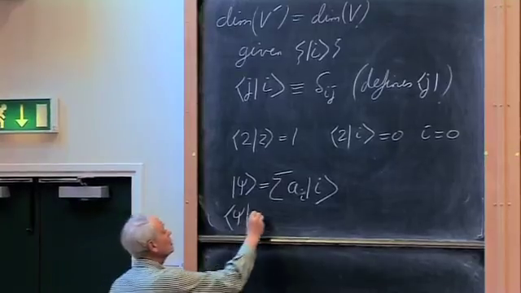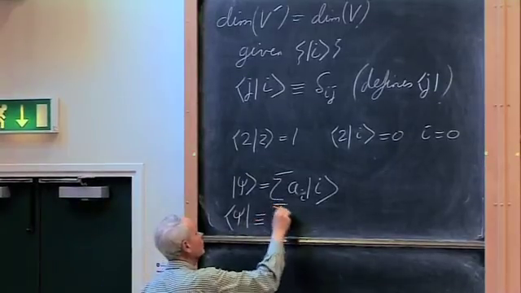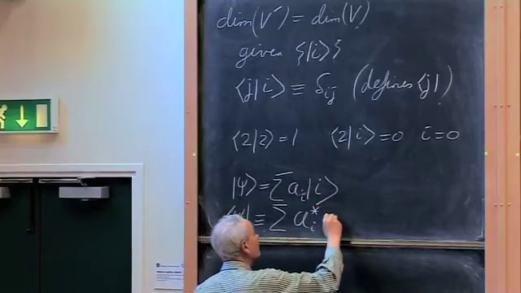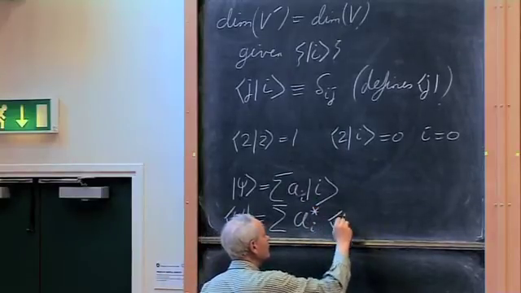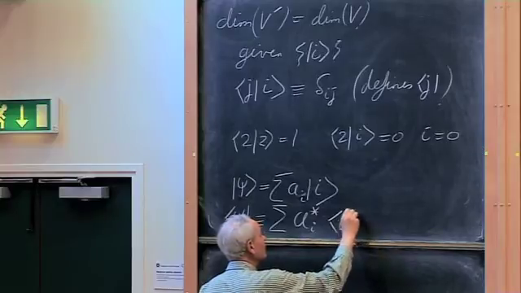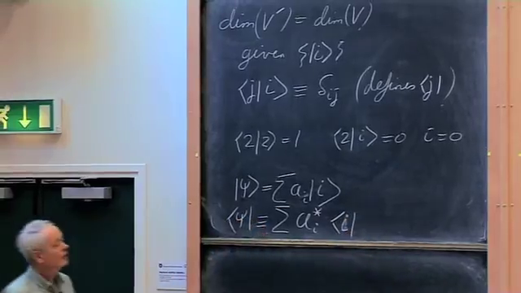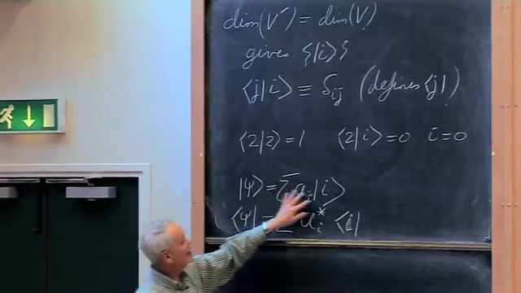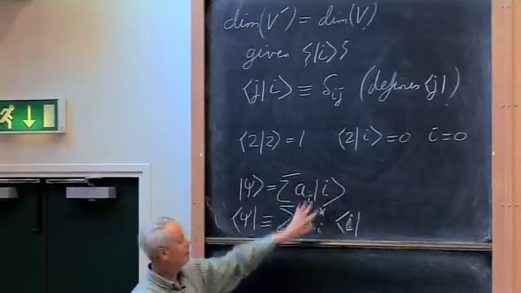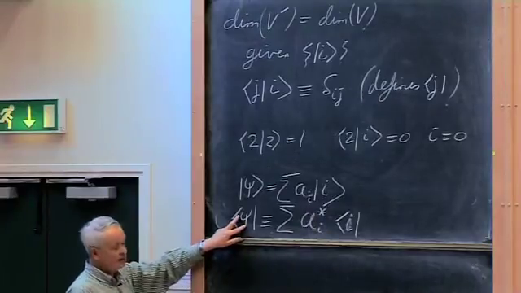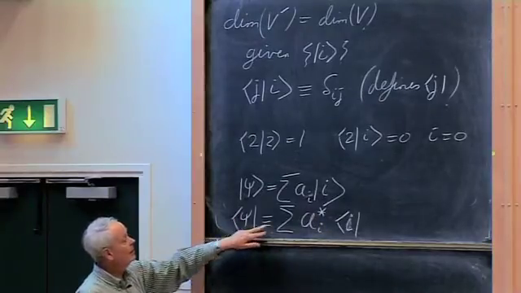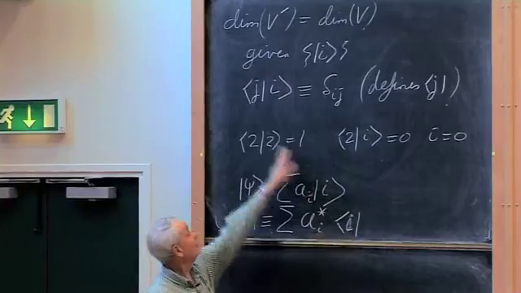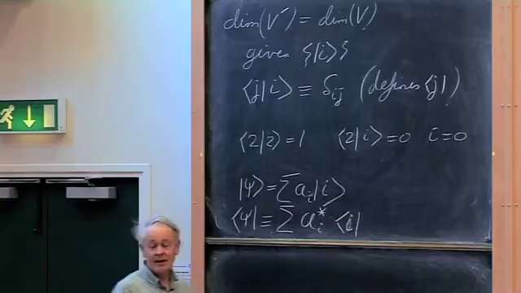And the function in question is defined by this rule, that it's a_i complex conjugate times the bra <i|, summed over i. So given that my state of my system is a certain linear combination of the basis states, the function associated with that state is a certain linear combination of these functions which are associated with the basis states.